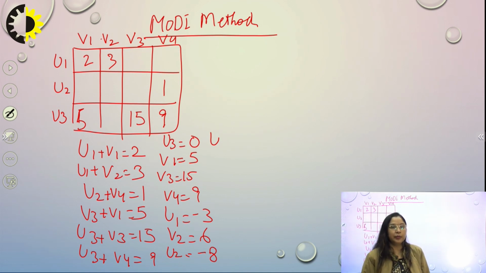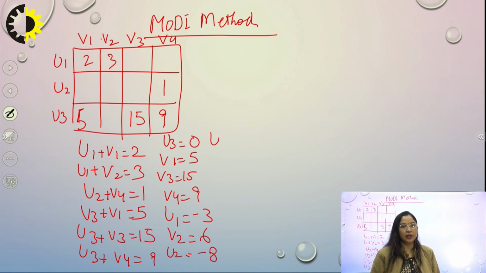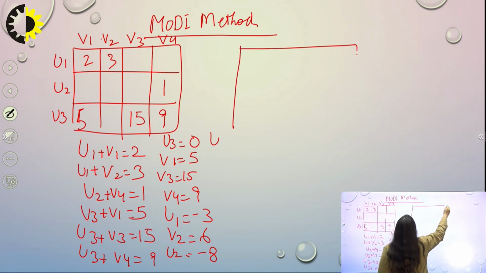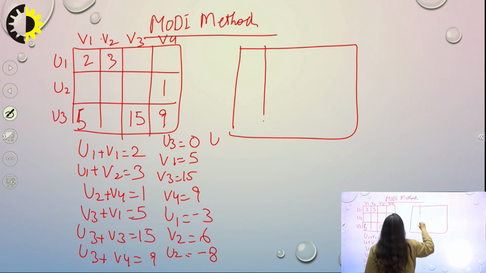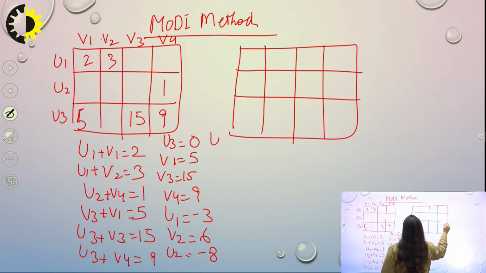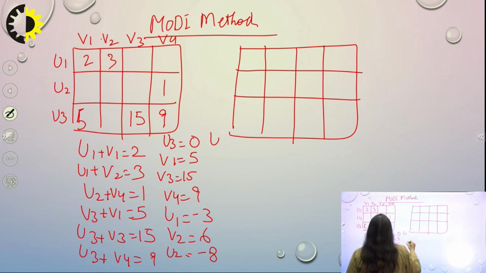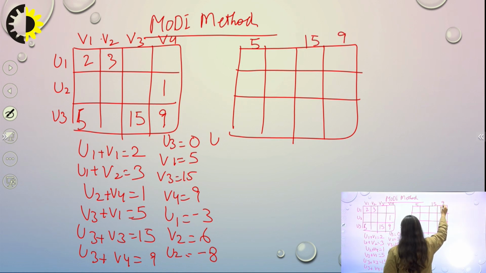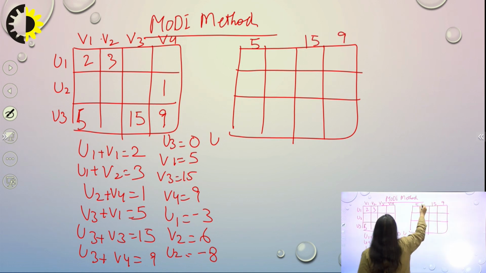Now, what will we be doing? We will use these variables and find out the values of the unallocated cells. I will write them down over here. V1 is 5, V3 is 15, V4 is 9, V2 is 6.